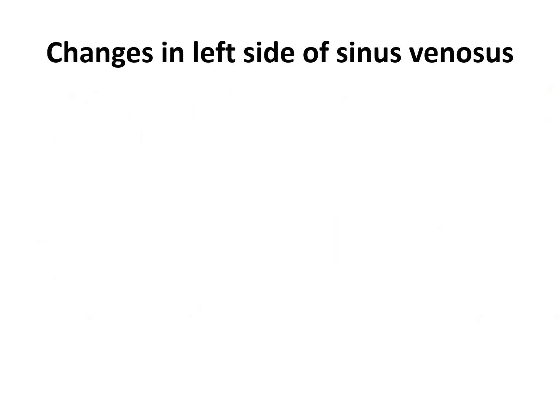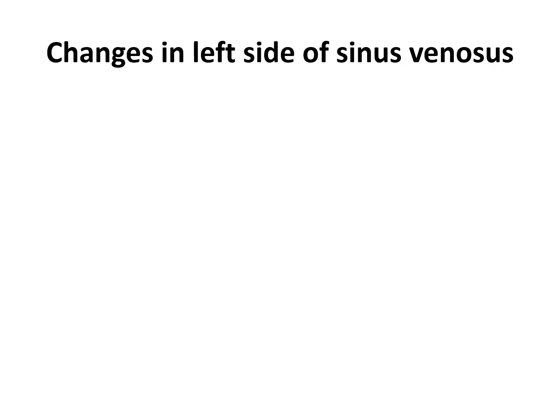Let us start with the left side. Why the left side? If I ask you in the sinus venosus, which side is more important? Your answer will be right side, because the right side of the body is venous, the right ventricle and the right atrium.